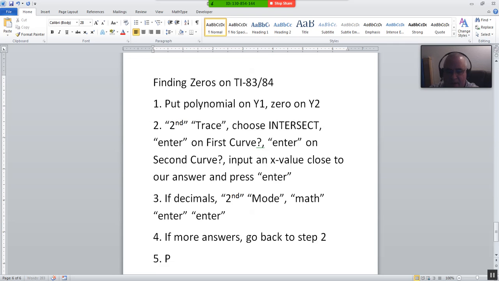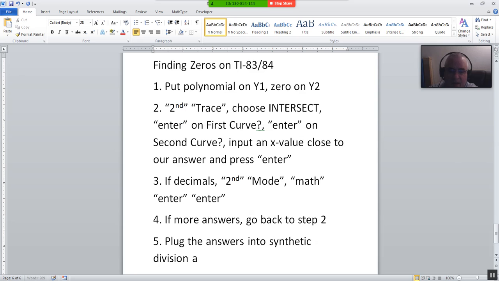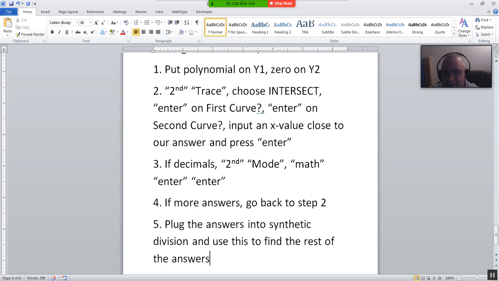And then step 5, plug the answers into synthetic division and use this to find the rest of the answers. This is assuming you didn't find all of your answers in the first place.